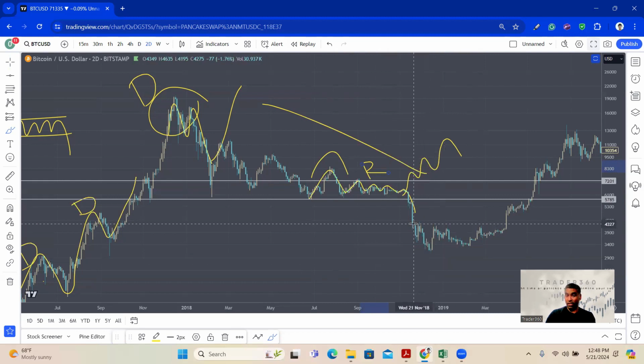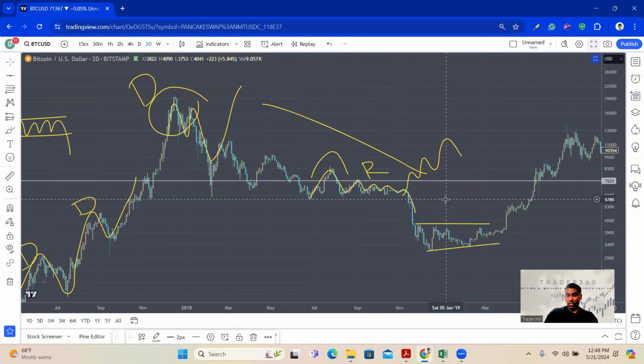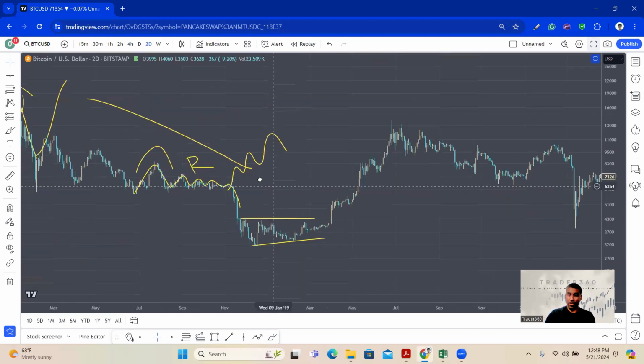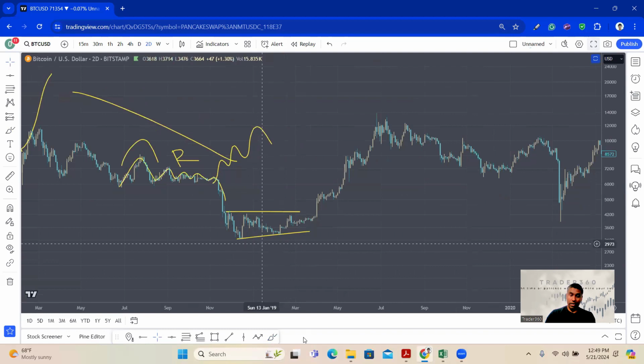And from here, the prices could not break this low of 3,200. So here, this area, let me clean this one. This area we call an accumulation. Why?